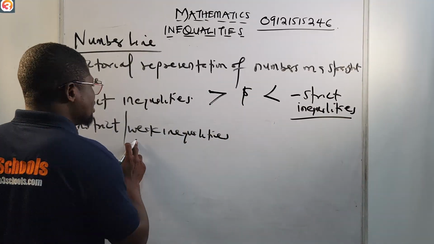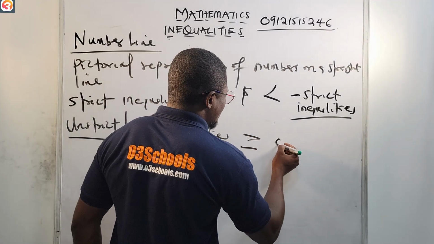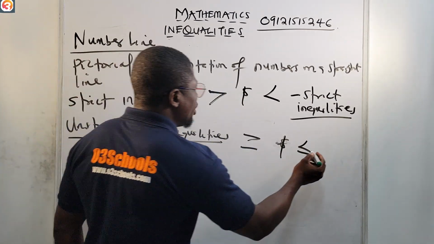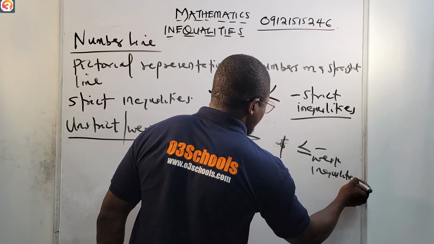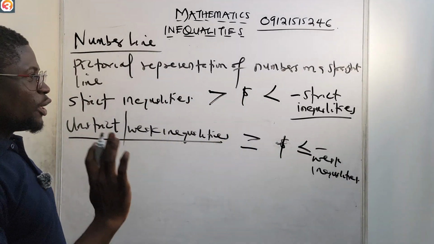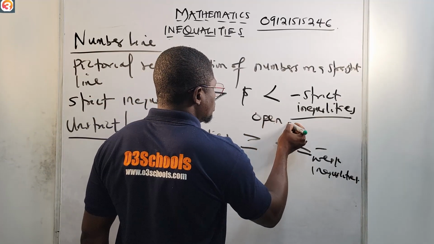Okay? Why these ones that are called non-strict or weak inequalities are those ones that say they are greater than or equal to, or less than or equal to. These ones are called weak inequalities. Usually when the inequality is strict, we represent it with an open dot.